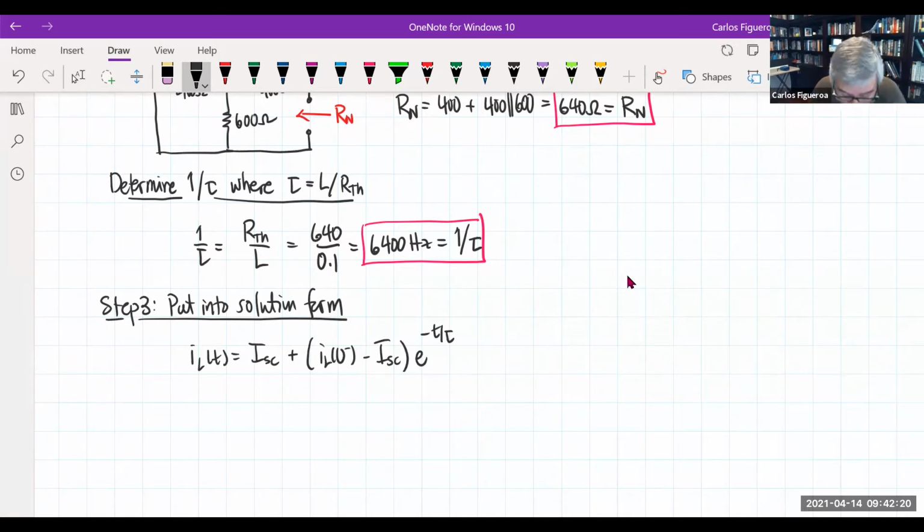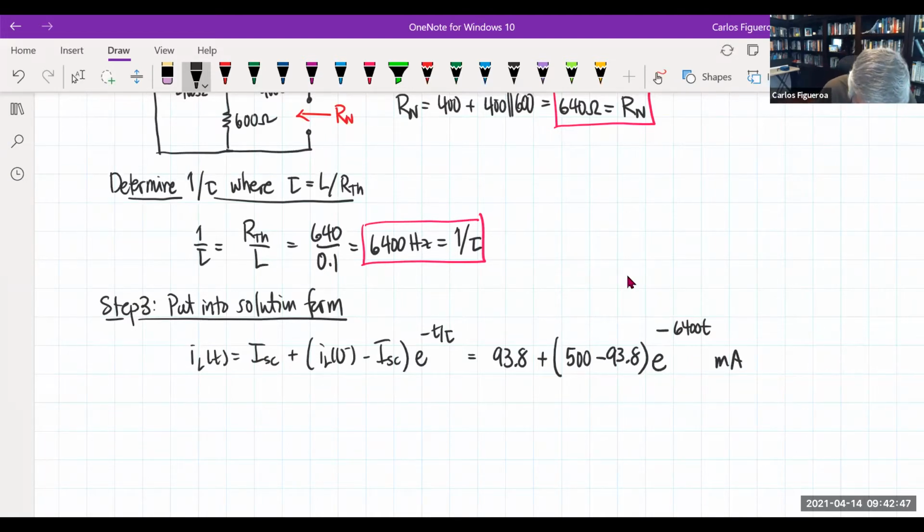If I start putting in my numbers, I short circuit was 93.8, plus 500 minus 93.8, times e to the minus 1 over tau, which is 6,400 t, and of course this is in units of milliamps.